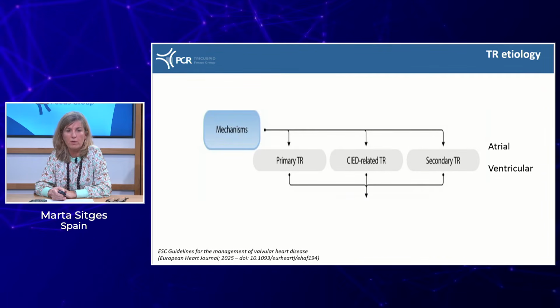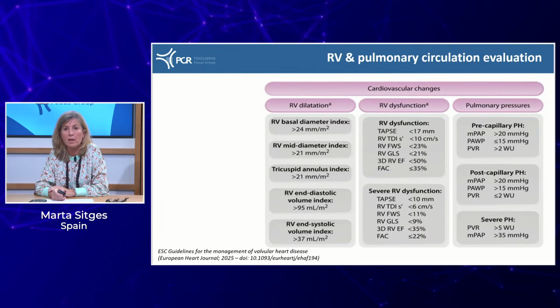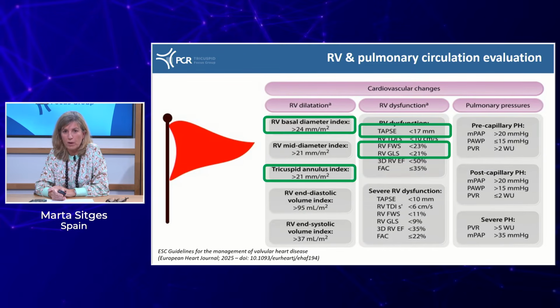Also, as I said before, understanding the mechanism and differentiating the different phenotypes, and for secondary TR, differentiating atrial versus ventricular tricuspid regurgitation, as previously mentioned. Finally, right ventricular function and evaluation of the pulmonary circulation with cardiac catheterization.